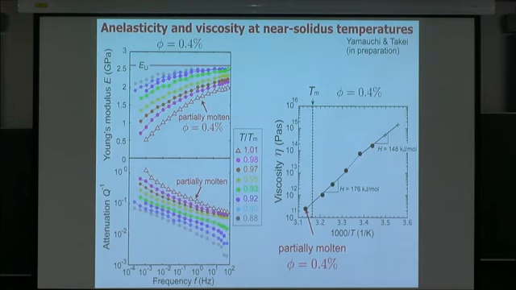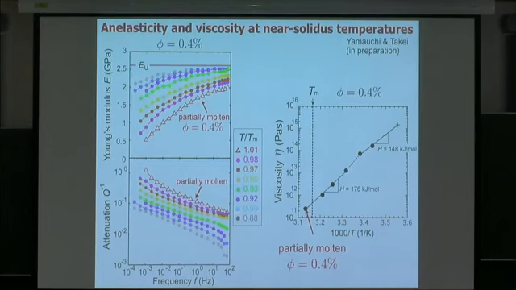And the right figure shows viscosity as a function of inverse absolute temperature, showing that the viscosity decreases as temperature increases.